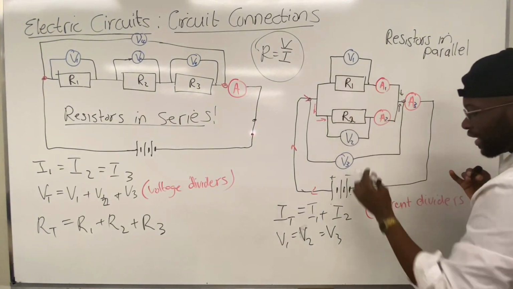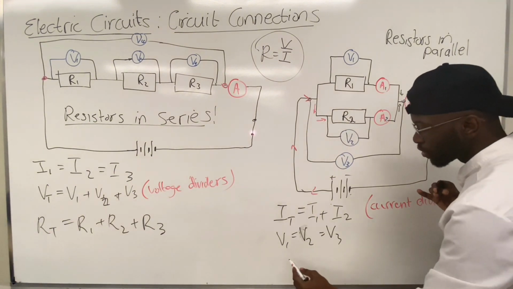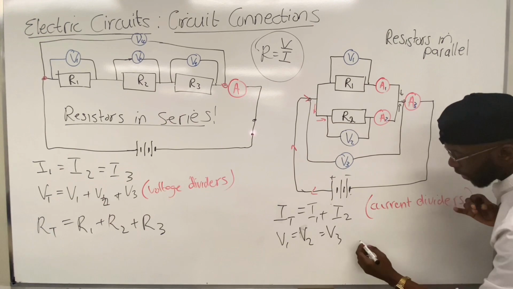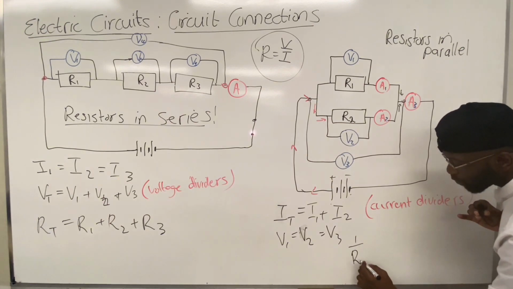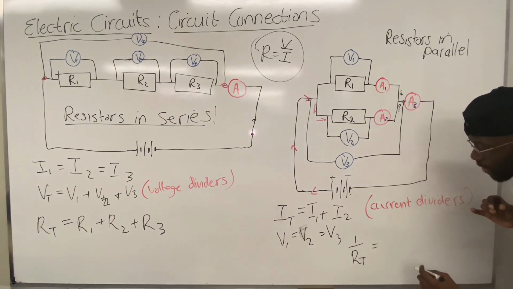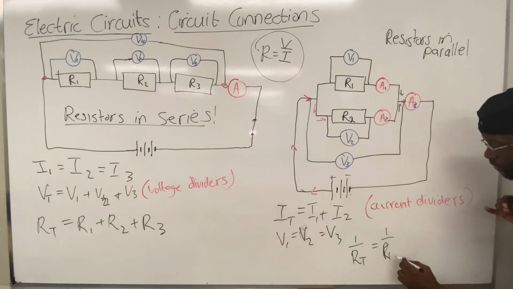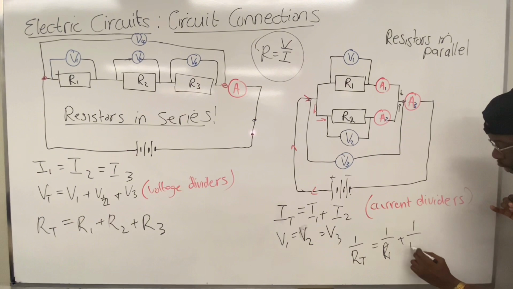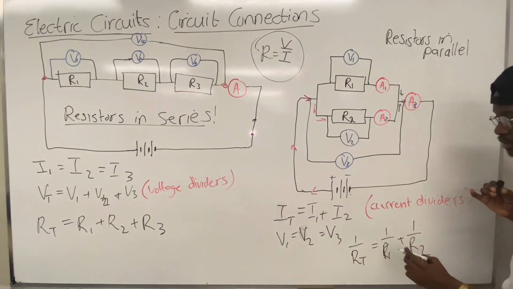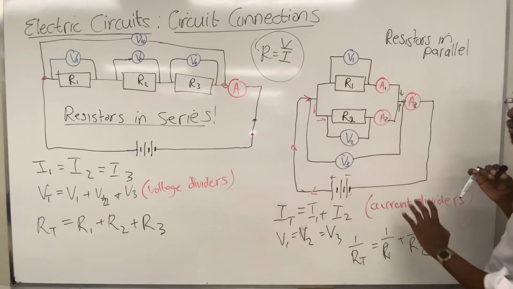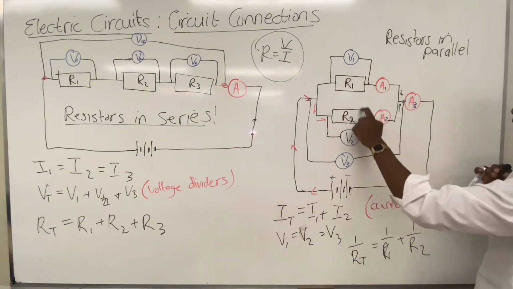Now, in a parallel connection though, our total resistance, because it is parallel, we'll find an inverse here and say 1 over resistor 1 plus 1 over resistor 2. Now, because of parallel, the total is not simply the sum.